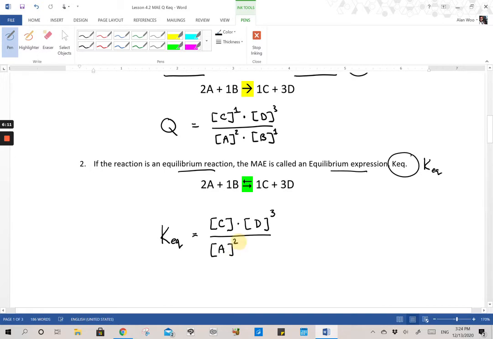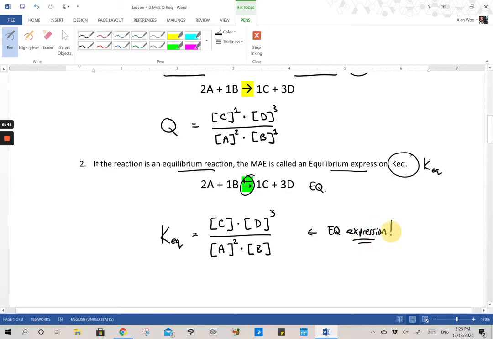A has the exponent 2, but B to the power of 1 is basically just B. So this is also the correct form of our KEQ, and that's only because you have the double arrow to tell us that this reaction is at equilibrium. So therefore, this is the equilibrium expression.